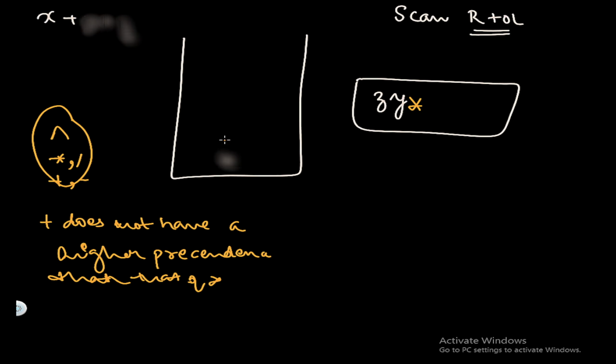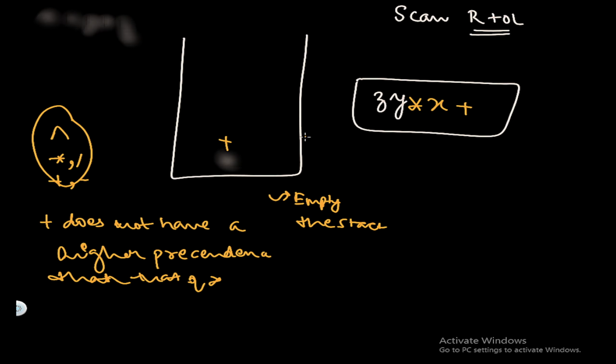Now the plus will be pushed into the stack. So plus is pushed. Now we have x, and x would be put in the output. Now we have to process this as well. Now we have to empty the stack. So let's empty the stack and it would become like this.